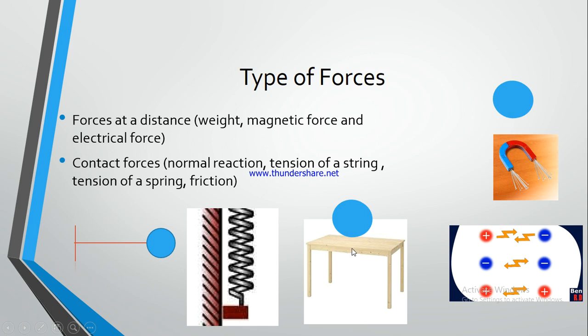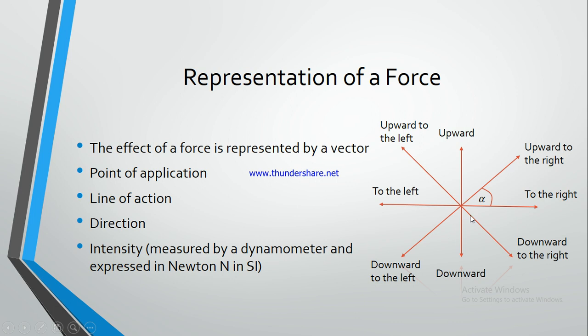Here, the table exerts an upward force on the ball. But if the vector makes an angle alpha, then we have four possibilities: upward to the right, upward to the left, downward to the left, or downward to the right.